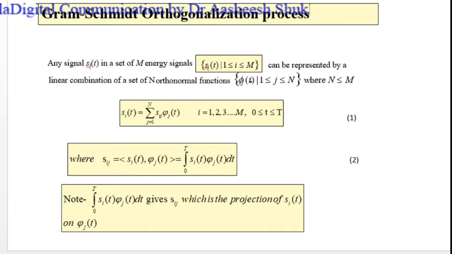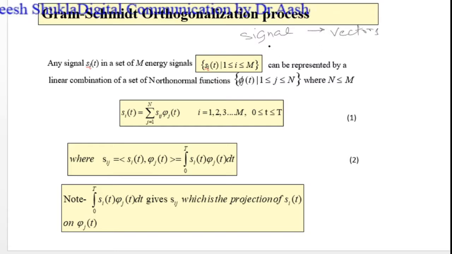So we have already seen that we can represent our signal in terms of vectors, right? We can do this, right? And why are we doing it?